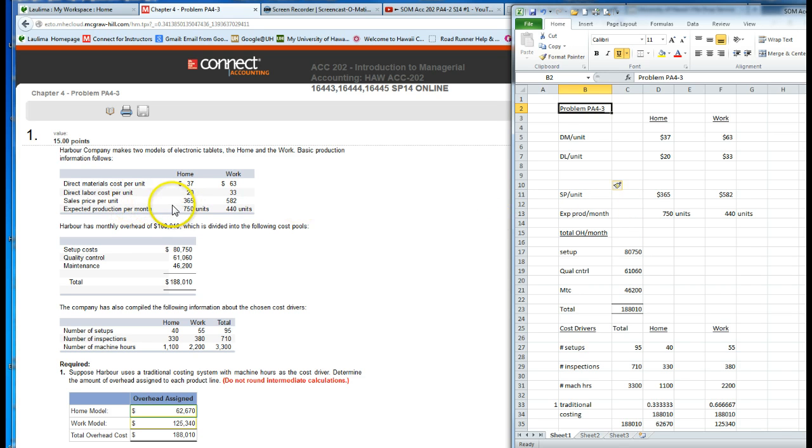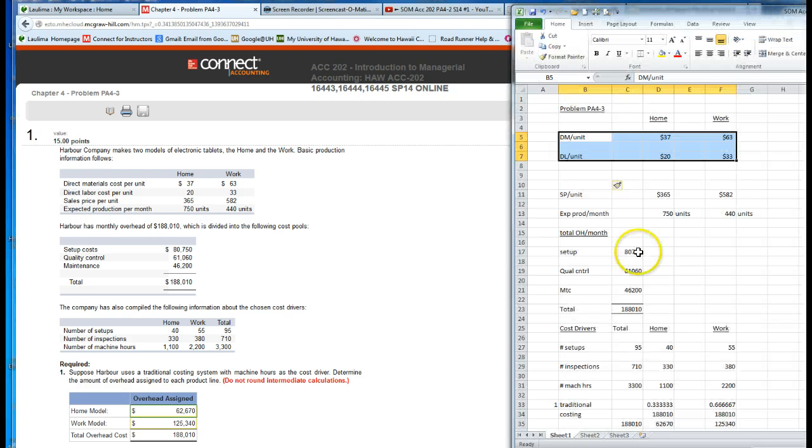For the most part, I've just recreated the same information that's in the problem. So we have direct material cost per unit and direct labor cost per unit, shown between the home product and the work product. I've included that information here on my worksheet.